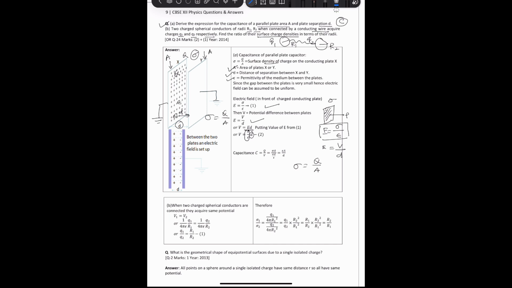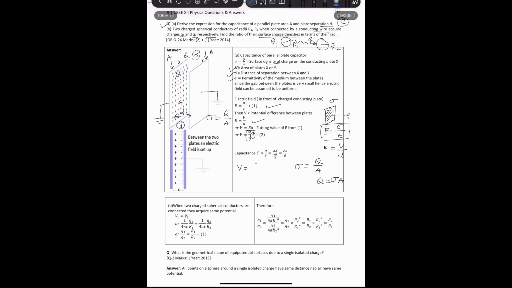So what is the total charge? Q is equal to sigma into A. Now we have V equal to E into D. Now in place of intensity we are putting sigma by epsilon, so V is sigma D by epsilon.